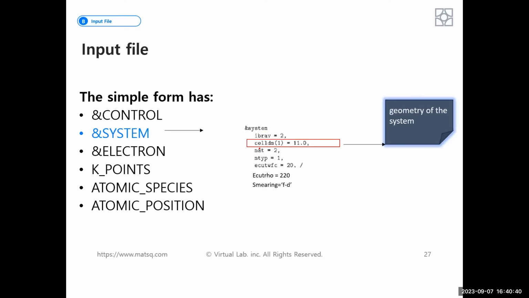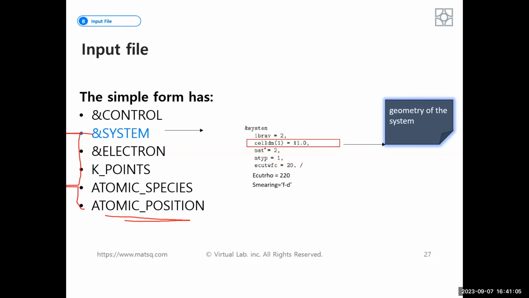The cell dimension, celldm(1), is used in combination with the atomic positions. If I'm defining the cell dimension, maybe I don't need to define it elsewhere, but if I'm not defining it, I need to define what my cell dimension is here.